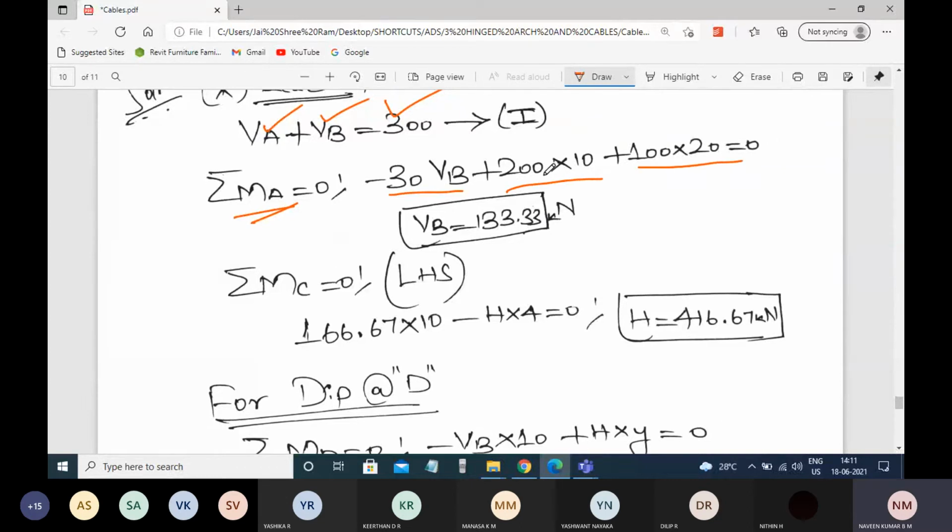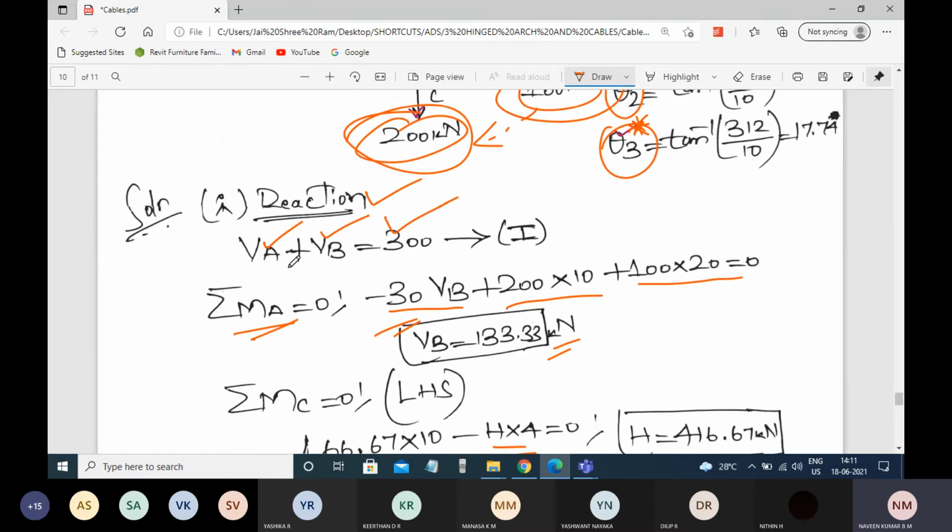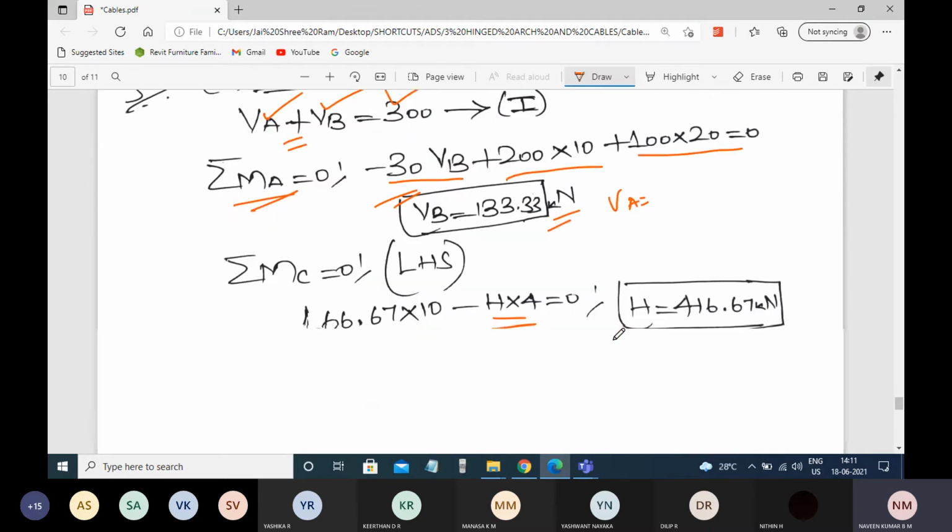Similarly, 200 times 100, moving in clockwise direction towards A. So you'll get VB equals 133.33 kilonewton. Once you get VB, you can substitute it in this equation and get VA.